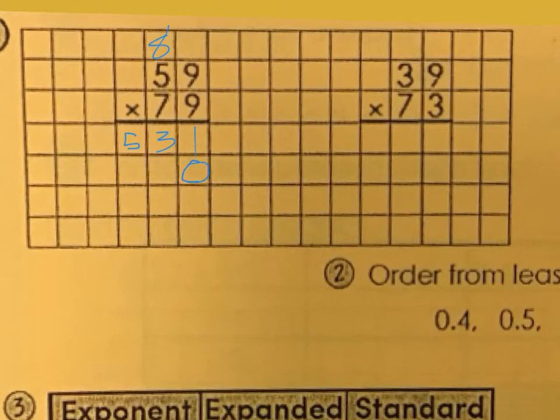So we have 7 times 9, which is 63. So I'm going to show that that 6 is here, and the 3 here. And then we have 7 times 5, 35, plus 6, so that is 41. So we're going to go 41.